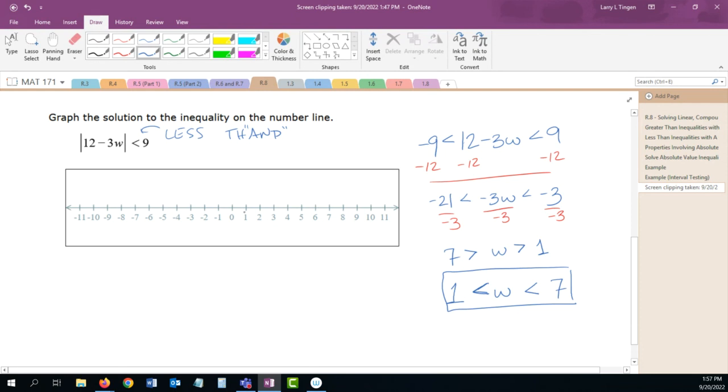So what's that going to look like on my graph? From 1 to 7 is covered, and instead of brackets and parentheses, when you're plotting this on a number line, they're probably going to use open and closed circles. So let's see if that's the case.